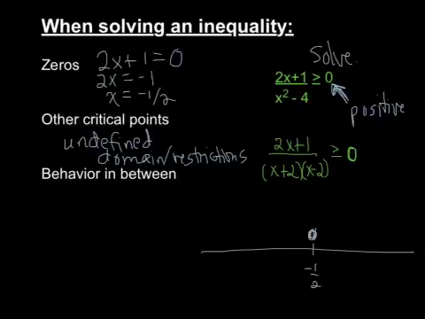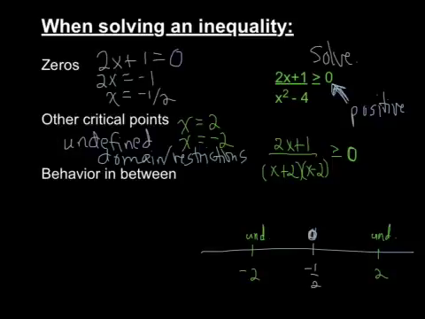So 2 new numbers that I will add to critical points are at x equals 2. Now here the function is not 0, but it is undefined, and I'm going to write a little abbreviation there, undefined. And x equals negative 2. Not part of the domain, again, not 0, but here undefined.